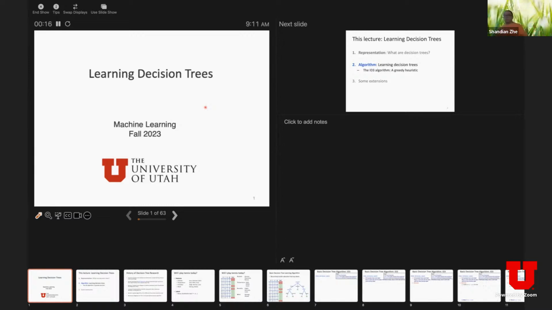First of all, we have released homework 1 this morning, which is about decision trees. Homework 1 will ask you to show your understanding of the decision tree learning algorithm and implement the decision tree algorithm ID3, which we're going to talk about throughout this class.